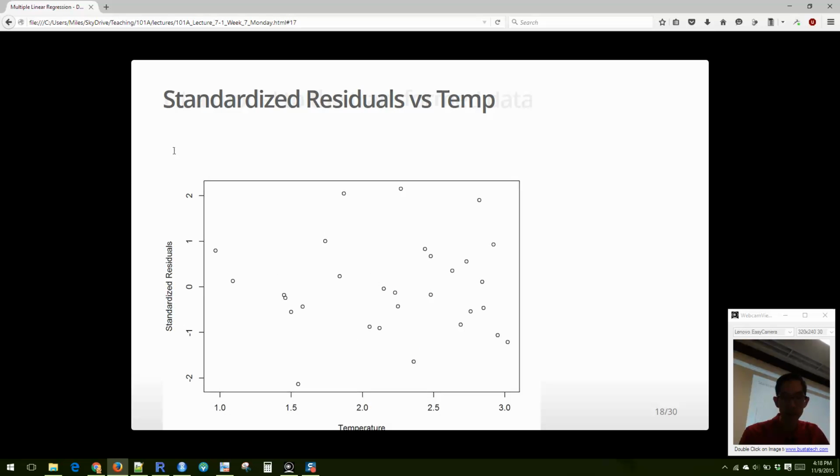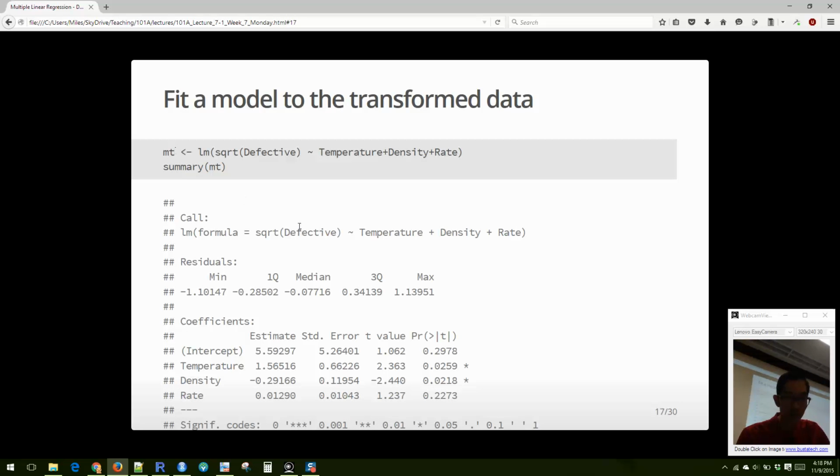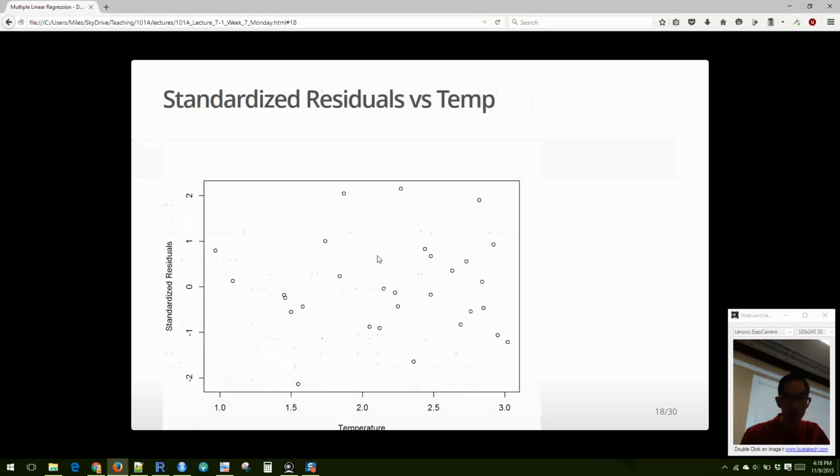To see if this even works in the first place, we'll plot the standardized residuals versus temperature, and this seems to be a bit better. We do have pockets here and here, but in terms of the overall spread, I think this is mostly because we lack a lot of data in this section.